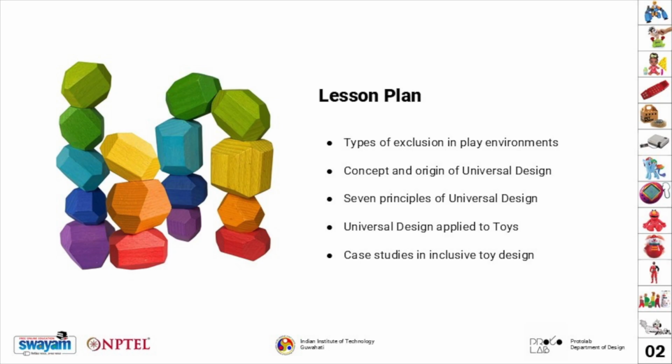In this lecture, we are not just studying toys for special needs. We are changing how we think about design itself. We will begin by reframing disability, moving away from viewing the child as the problem and towards understanding the role of environments and products.